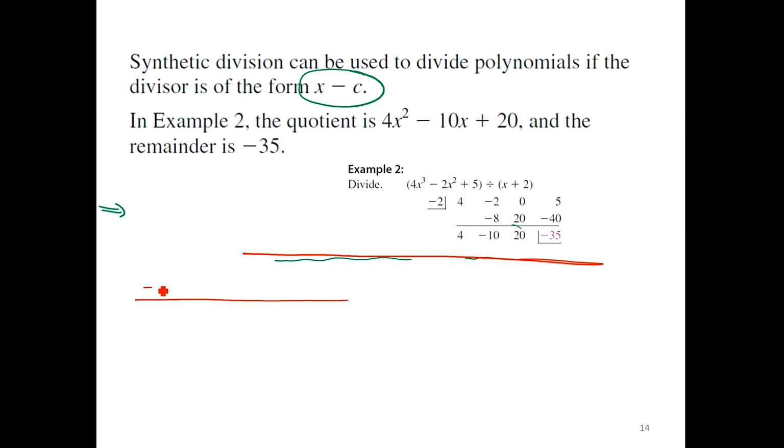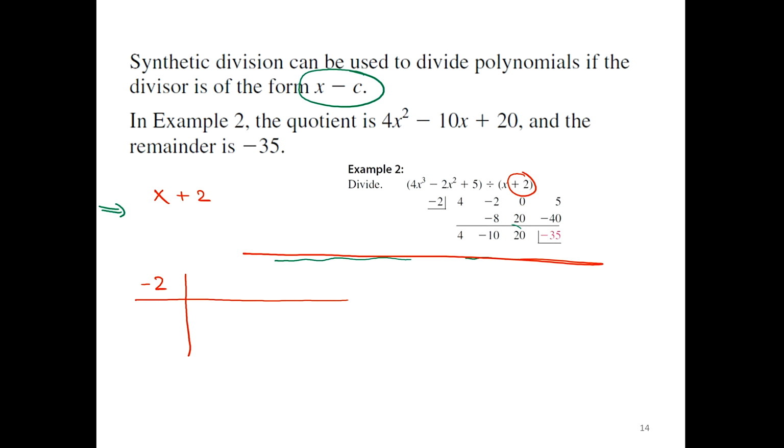We have minus 2. This comes from the opposite of c. So if we have x - c, put c here. Negative, put it positive. Positive, put it negative. So now we have plus 2, put negative 2 here.